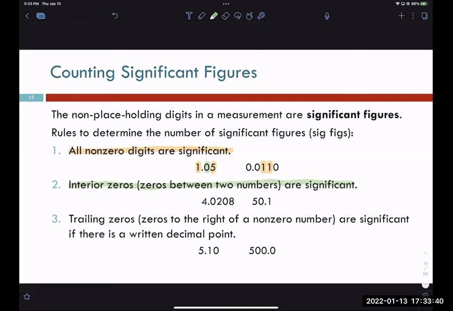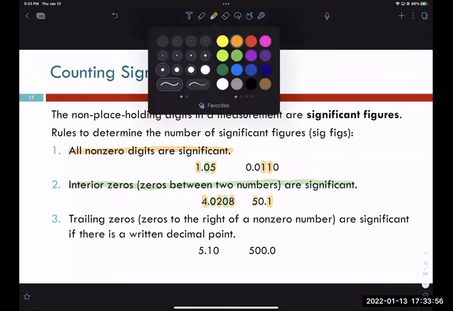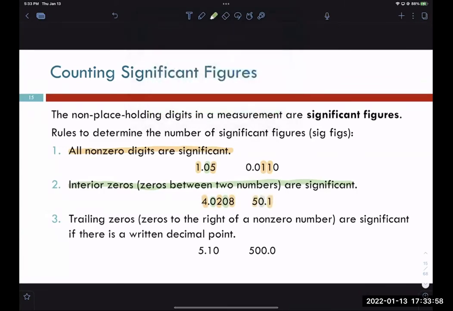And we can go back on these examples on number 2. These ones we would highlight green because they're significant. Our non-zero numbers are significant. And then for this other example, non-zero numbers, interior zeros, so between two non-zero numbers.